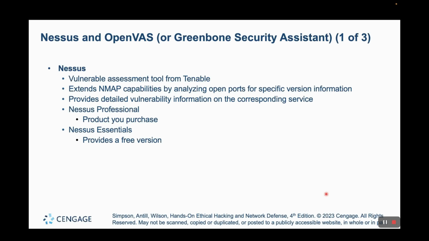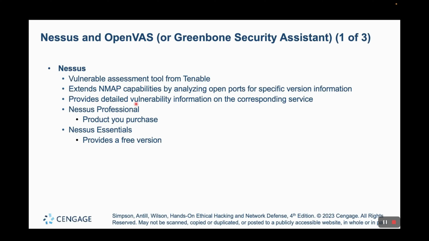Now, there are many, many different vulnerability scanning tools. For example, here we have Nessus. It's a vulnerability assessment tool from Tenable. It has much more capabilities than Nmap by analyzing open ports for specific version information, much more details as well, and very clean output.